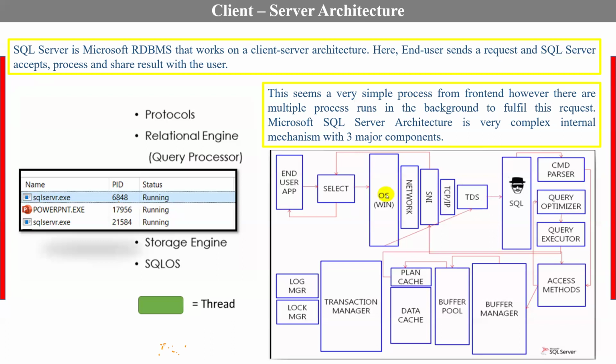The answer: the command parser goes to the access method to get the plan cache for that query tree.